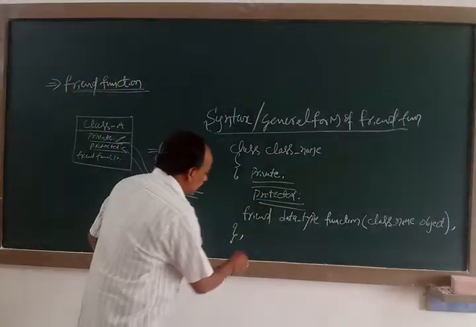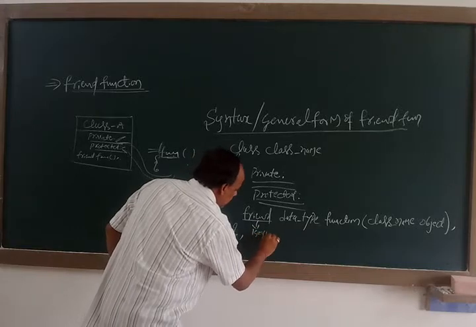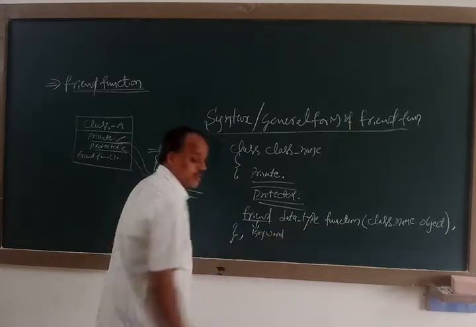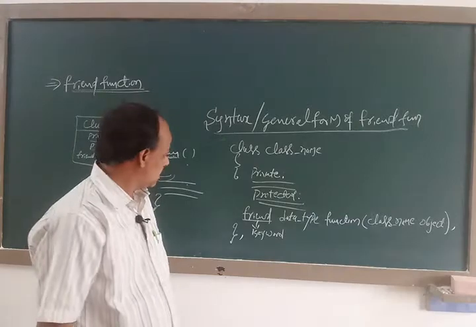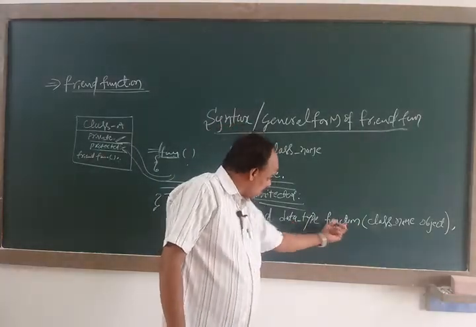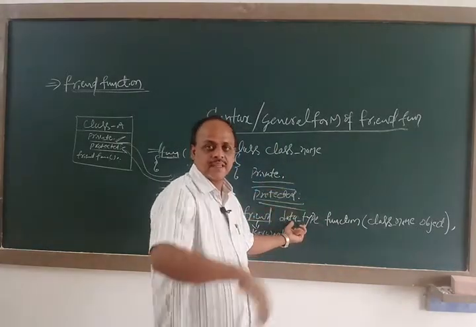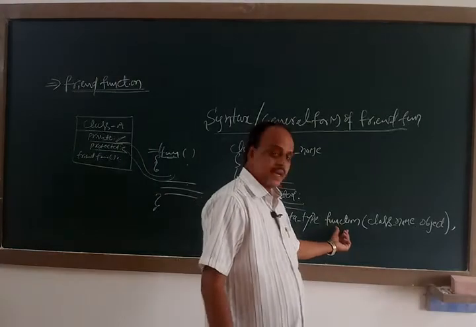Means this friend indicates what? Keyword, or also called a reserved word, right? This data type represents the function data type. That function is an int or float or char, like that. And this is the function name.